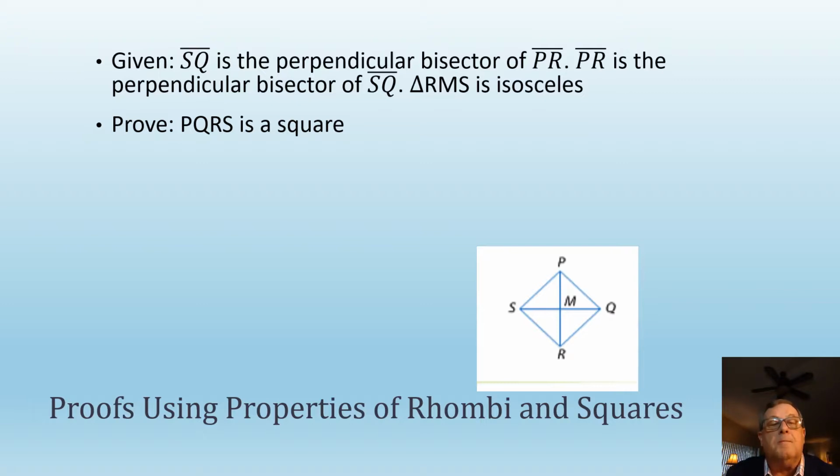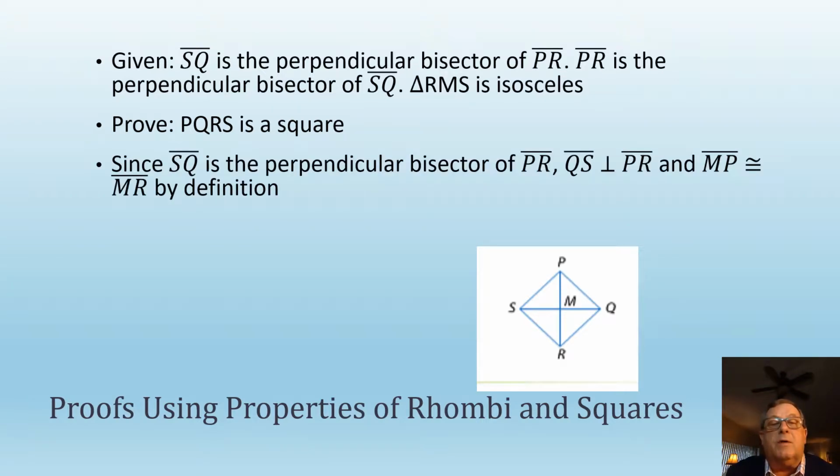Well, let's start. So since, we're restating the given, since SQ is a perpendicular bisector of PR, then QS is perpendicular to PR, which means we got a right angle right here, right? QS is perpendicular to PR.